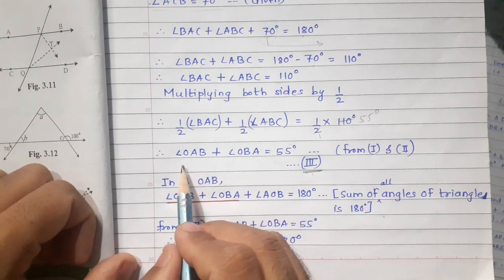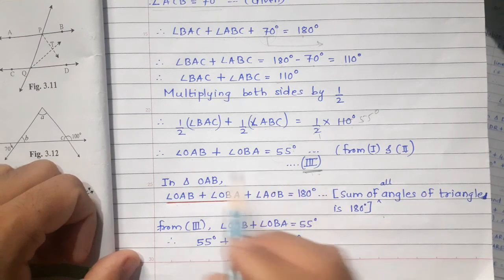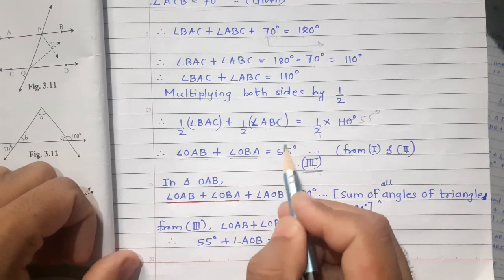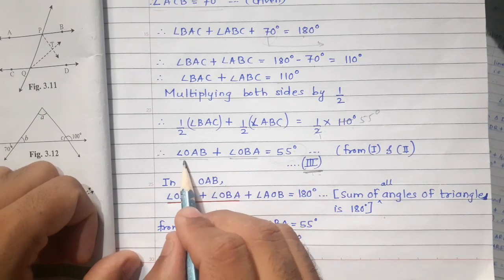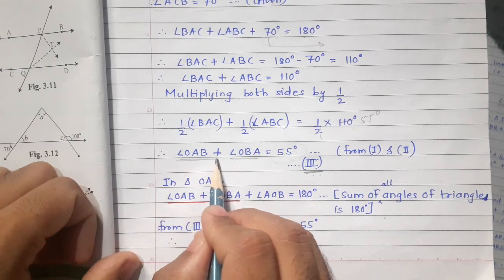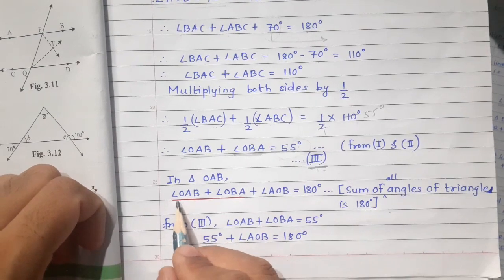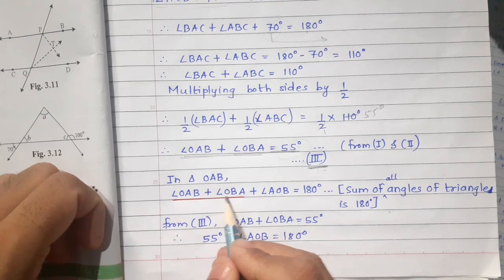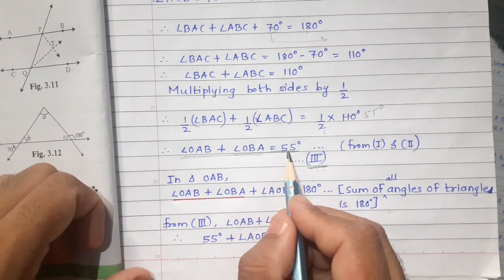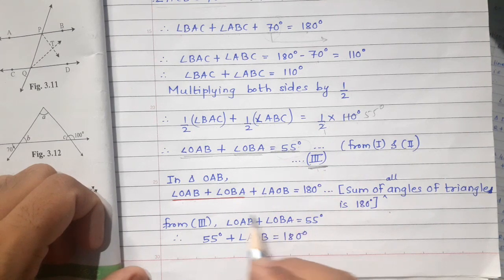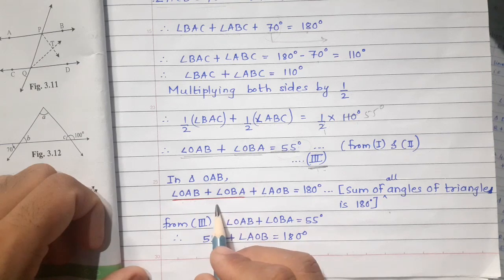Now see, in equation number 3 we have angle OAB plus angle OBA is equal to 55 degrees. Then from equation number 3, put this value: angle OAB plus angle OBA is equal to 55 degrees.